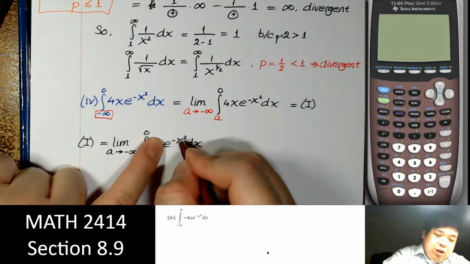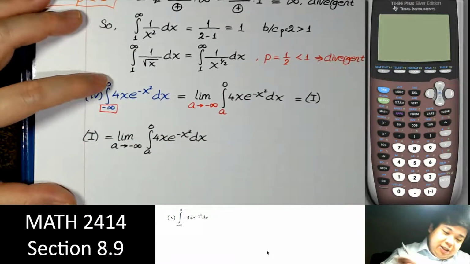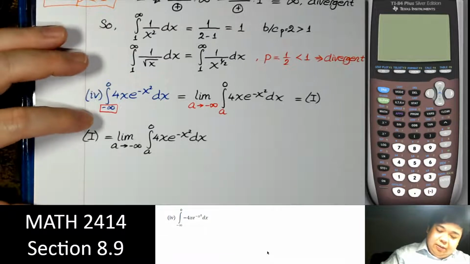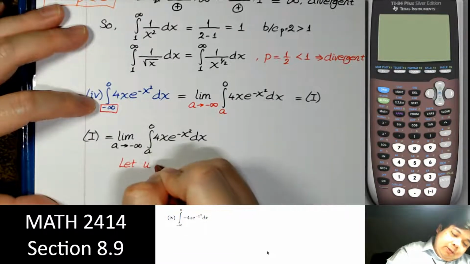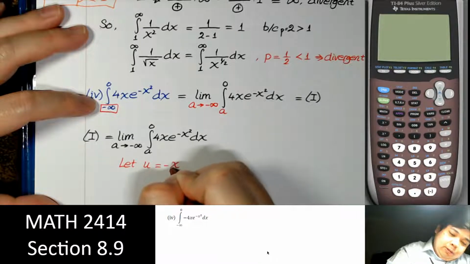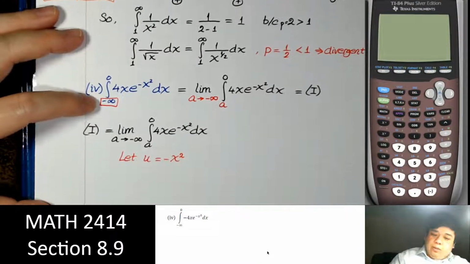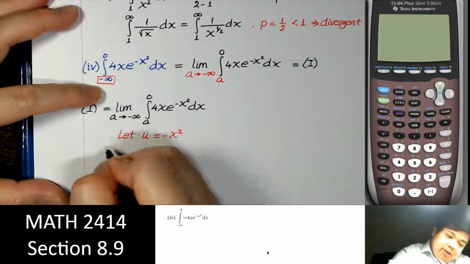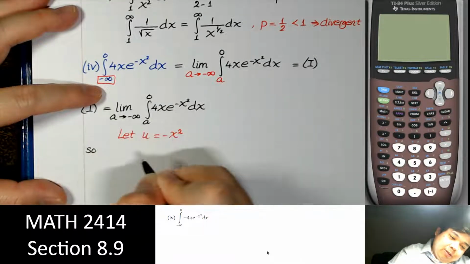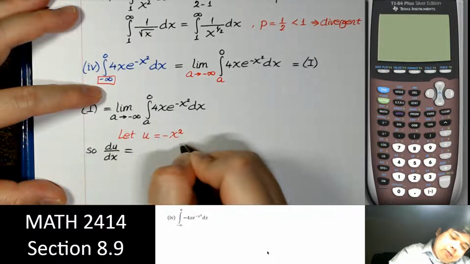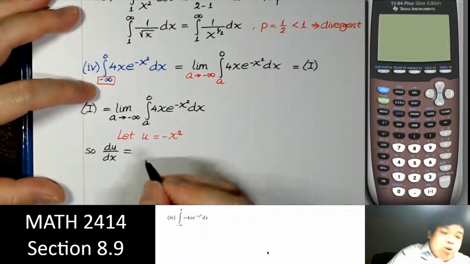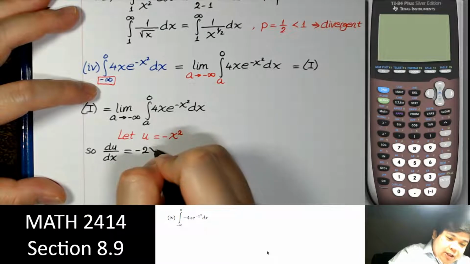So we let u equal to negative x squared. Then we take the derivative. The derivative of negative x squared is negative 2x.